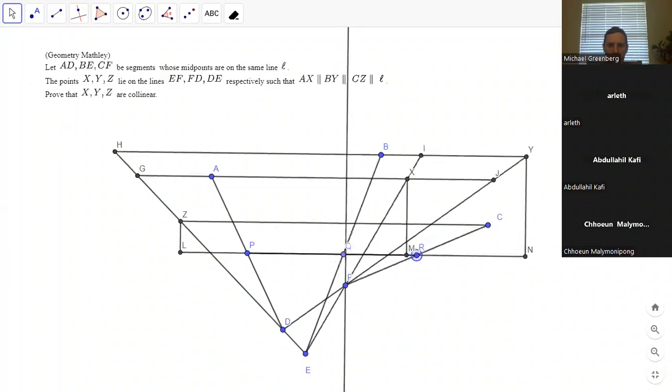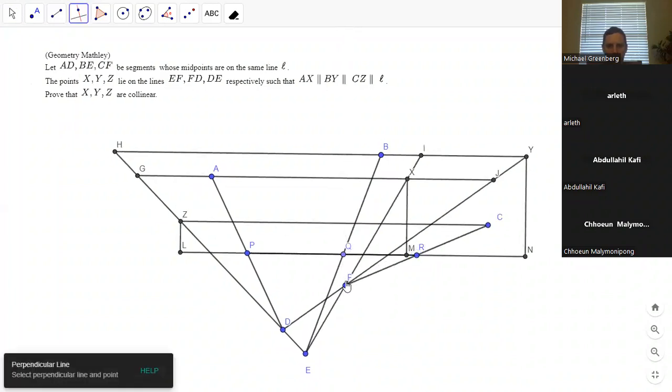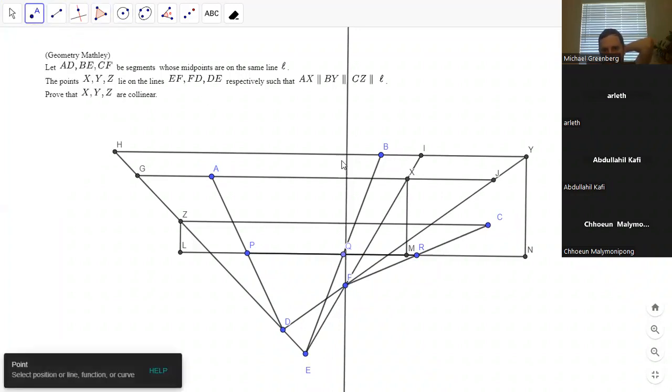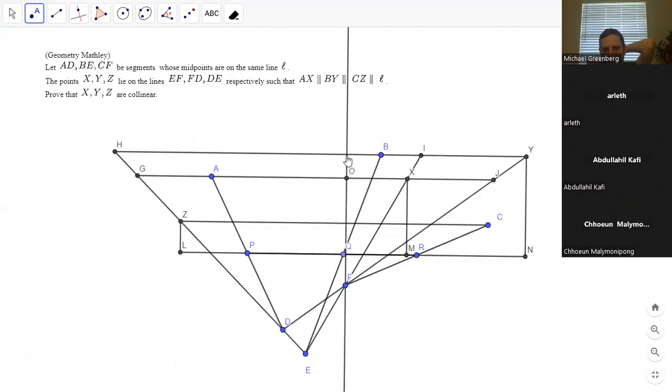I don't like that picture. So X is on EF and Y is on FD. If I draw this perpendicular, MN is YS minus XO and YS. So Y lies on FD.